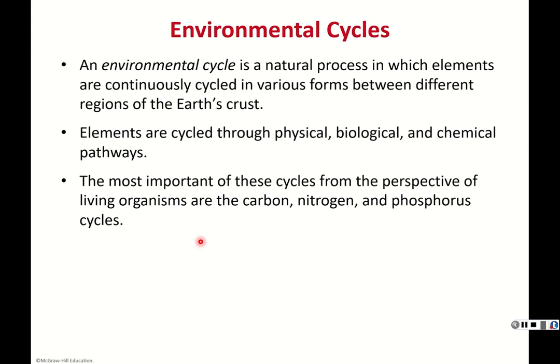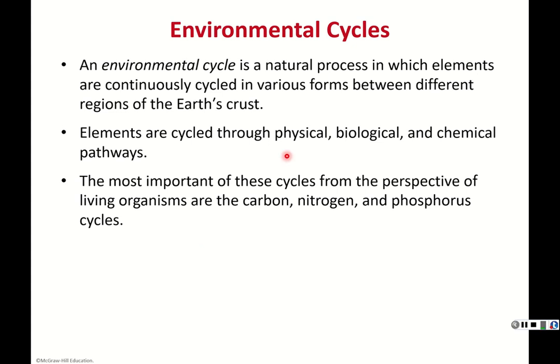Carbon's fairly unique in that it has an environmental cycle, and we'll talk about this as well next lecture when we talk about nitrogen. So those are the two that have, I'm sure other elements have them, but these are some of the more important ones, the 2 most important environmental cycles.